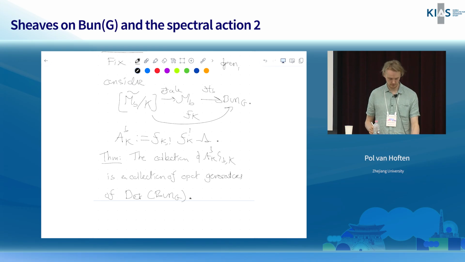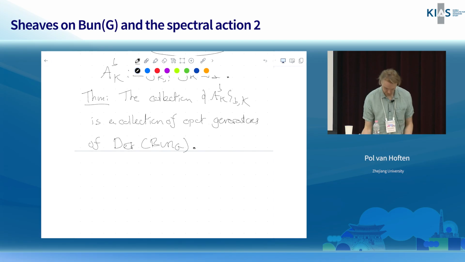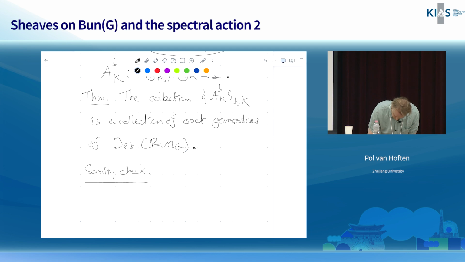Okay, so let me do a kind of sanity check. So you could ask what is i_b upper pullback of A_b,K?